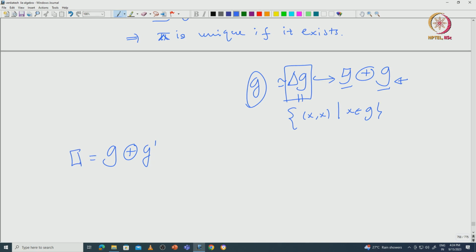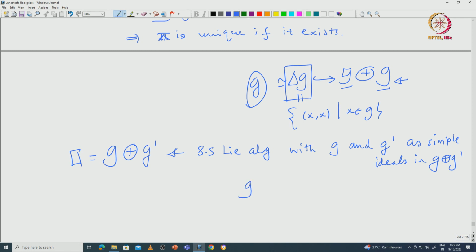So, we take A to be this G direct sum G dash. It is easy to see this is a semisimple Lie algebra, as G and G dash both are simple Lie algebras, with exactly G and G dash as simple ideals inside G direct sum G dash, where G is identified with x comma 0, x in G, and similarly G dash is identified with 0 comma y, where y in G dash.